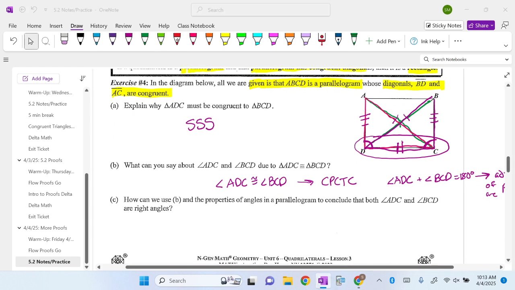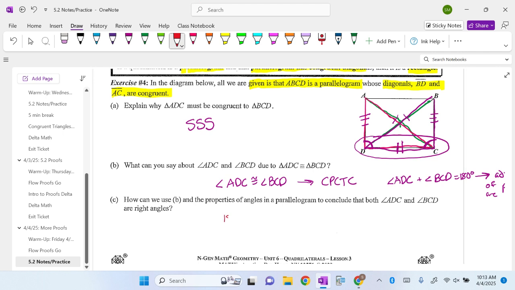Because 180 divided by 2 is equal to 90, because they're both congruent.